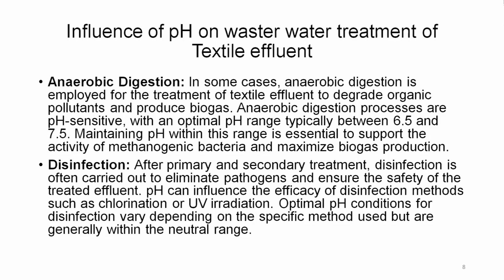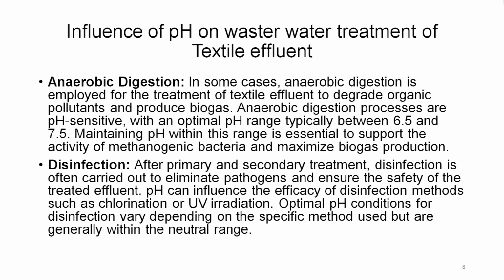Disinfection. After primary and secondary treatment, disinfection is often carried out to eliminate pathogens and ensure the safety of the treated effluent. pH can influence the efficacy of disinfection methods such as chlorination or UV radiation.